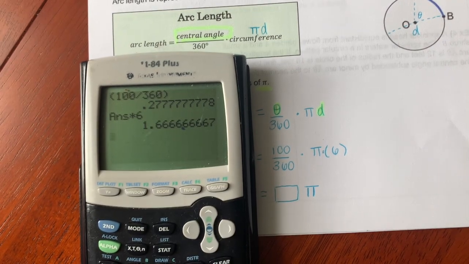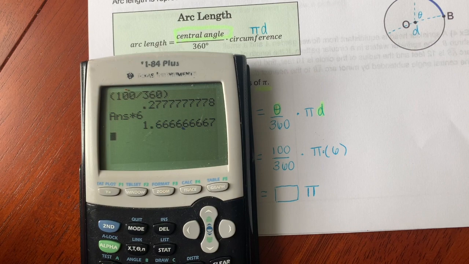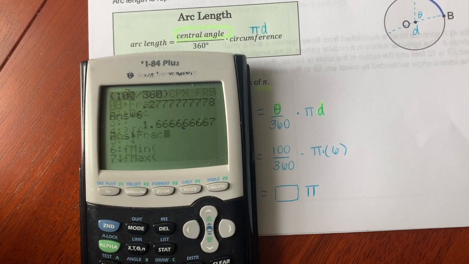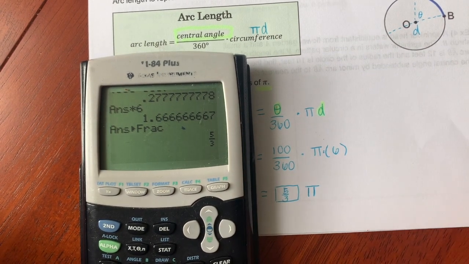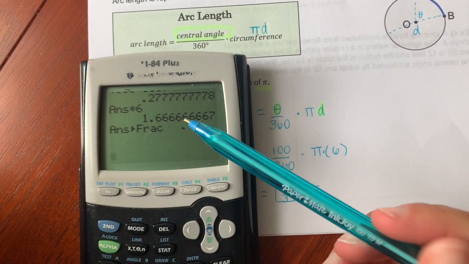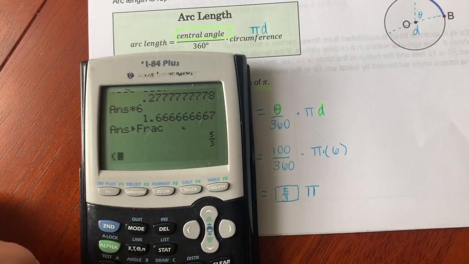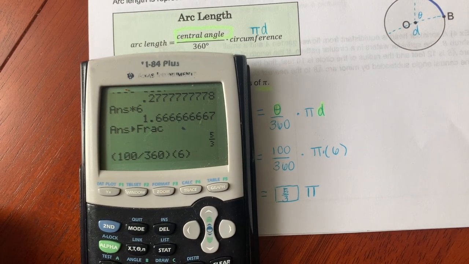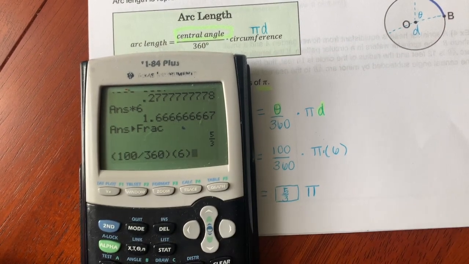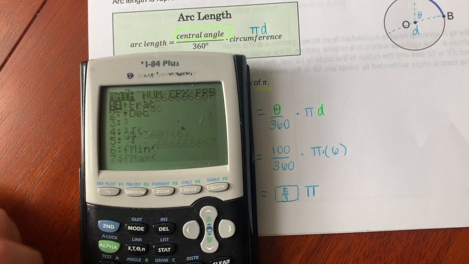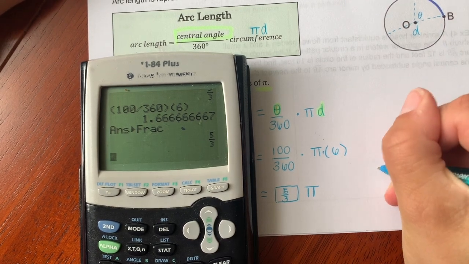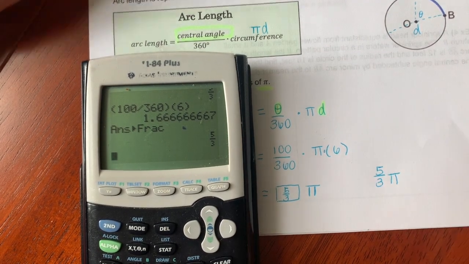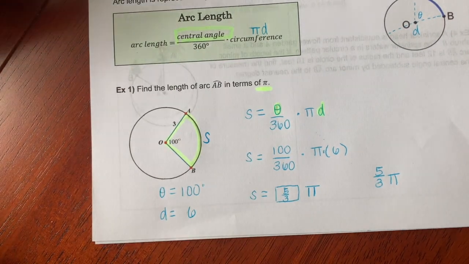On the calculator X, I believe you can just hit math, enter, enter to get it as a fraction. On that app as well, that's how you have to type it in. If you want to do it all in one shot, it would be 100 over 360 times 6. You're literally just taking all the numbers and leaving pi out of it, and then that fraction goes in front of pi. So our final answer is 5/3 pi, and that's how we leave it. That's arc length.